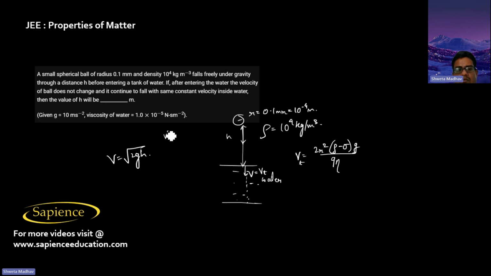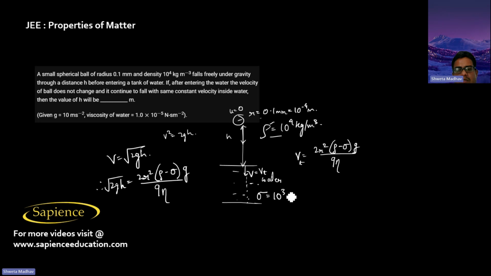Since v square will be equal to u square, u is 0, plus 2gh, so v will be equal to root 2gh. Therefore root 2gh is equal to 2r square into rho minus sigma g by 9 eta, where eta is the coefficient of viscosity of water, and r is the radius of the spherical ball, and rho is the density of the spherical ball, but sigma is the density of water.